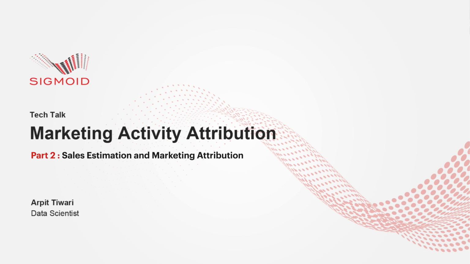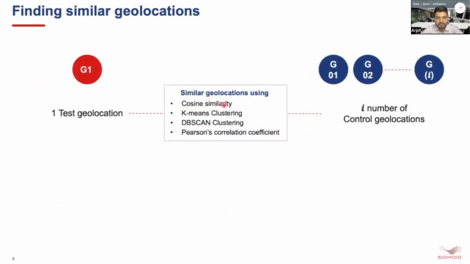So let's get started. For each test geolocation, we run some similarity finding algorithms like cosine similarity, k-means clustering, DBSCAN clustering, Pearson's correlation coefficient, and many more. Then we find I number of control geolocations.